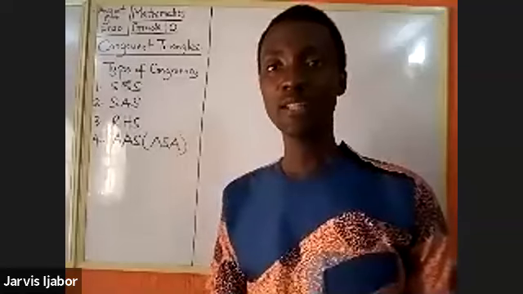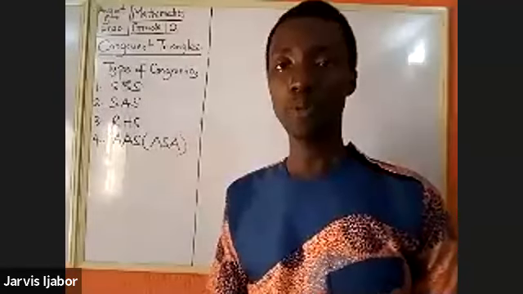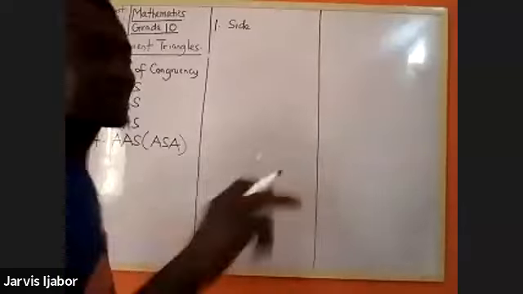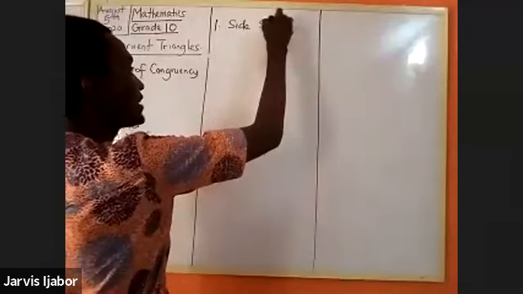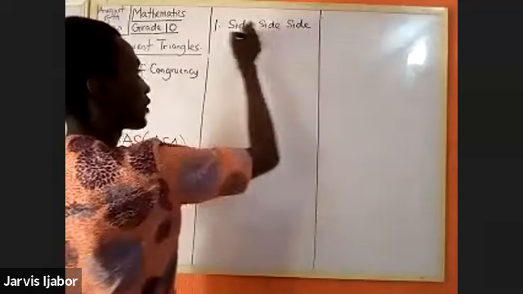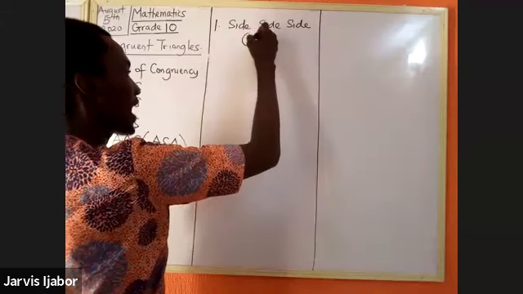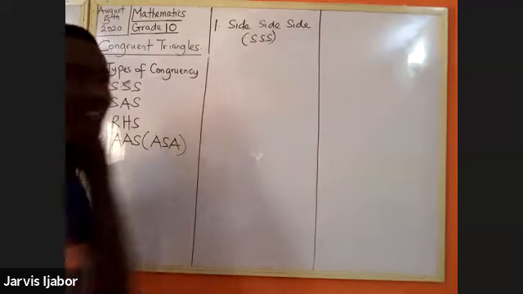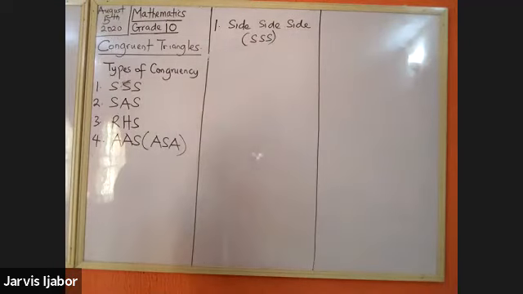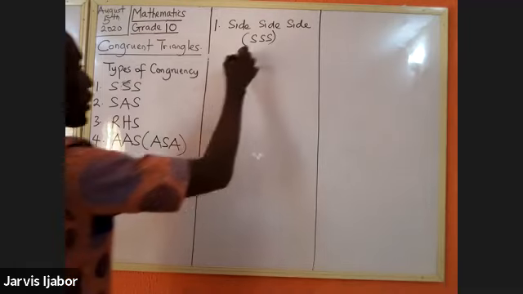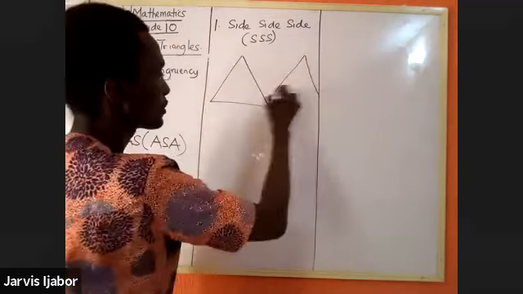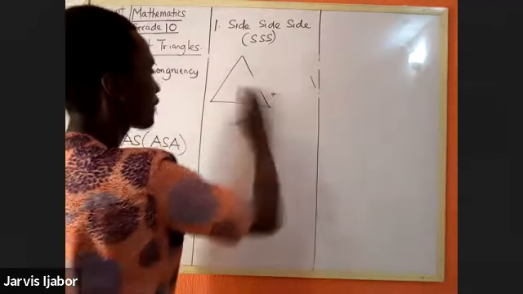All right. Side, which is fondly called SSS. So how do you handle that? In diagrams, you would have two triangles. They all have to be the same size.